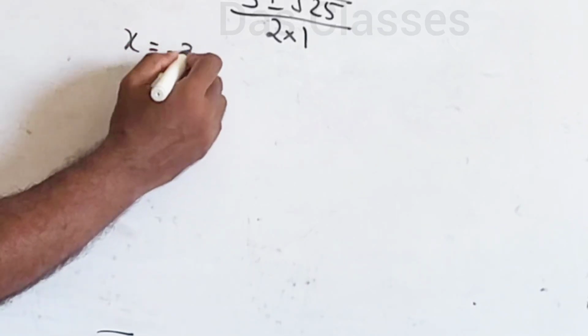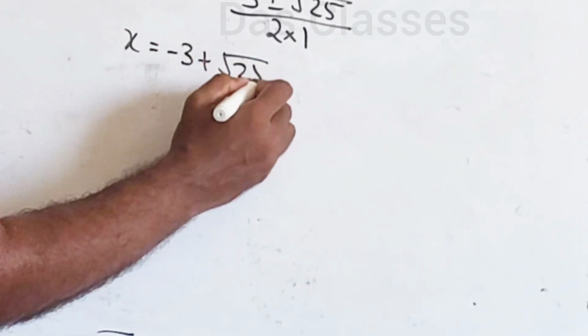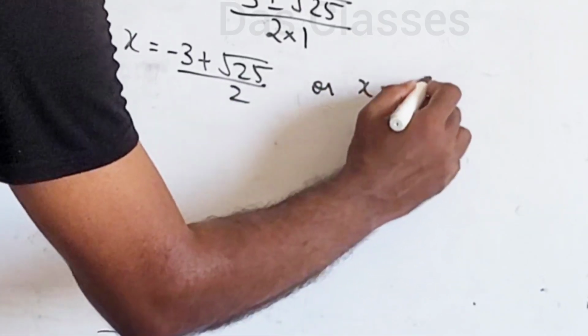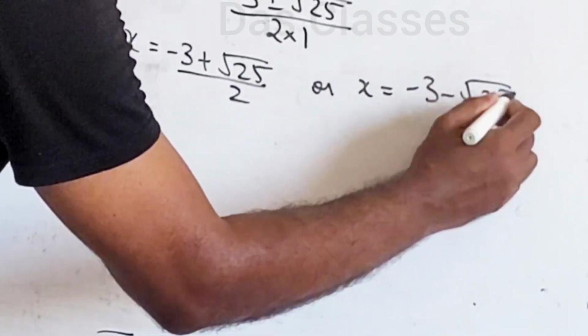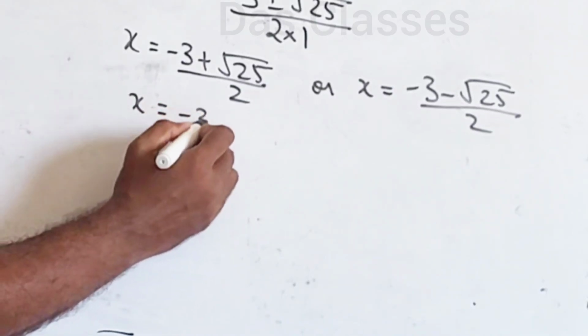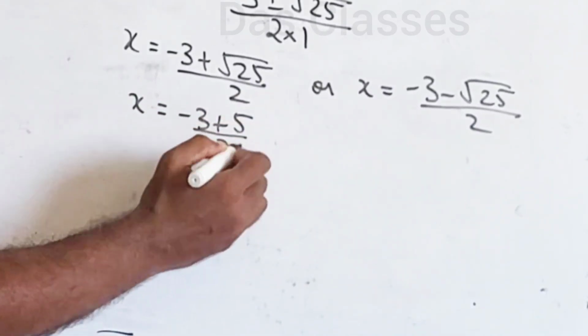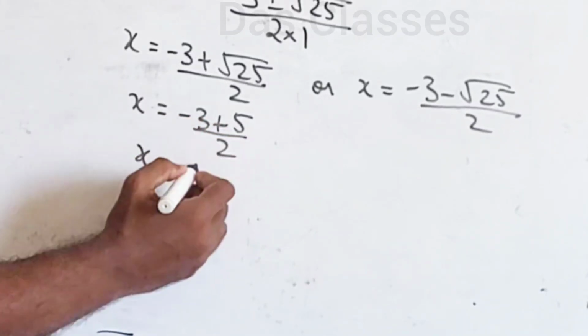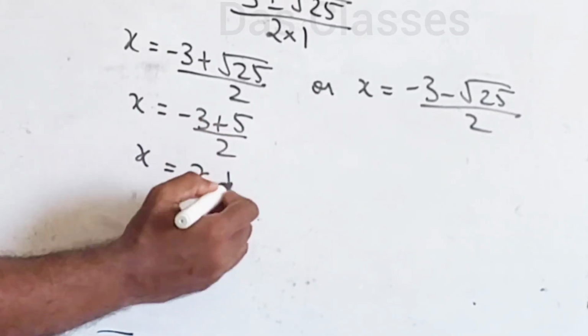So x is equal to minus 3 plus root 25 upon 2, or x is equal to minus 3 minus root 25 upon 2. Root 25 is 5. So minus 3 plus 5 is 2, 2 upon 2, that is 1.